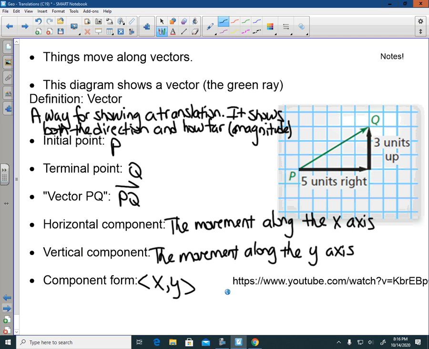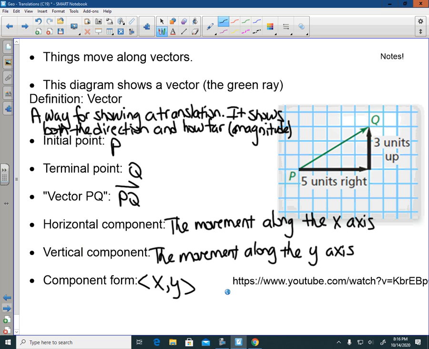Okay? So, when things translate, they're moving from place to place. As they move, they can be described by a vector. A vector shows both the direction that something went and how far it went, or its magnitude. Vectors have starting points called the initial point. They end at the terminal point, and when you're writing them, you write them with half an arrow, just the top part of an arrow on top.